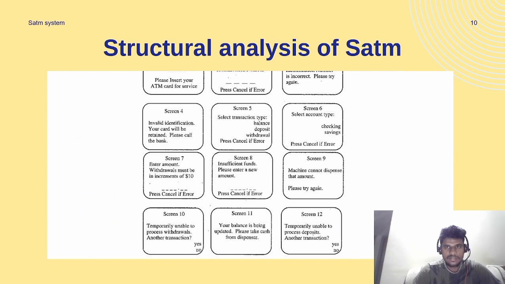Structural analysis of SATM. First screen we have insert your ATM card, and on the second screen you have to enter the PIN. If it's incorrect, they ask you to try again on the third screen, and on the fourth screen, if it's an invalid identification, it displays the card will be retained and please call the bank. If it's successful, it goes to screen 5, which has balance, deposit, and withdrawal, and a cancel option for canceling the transaction.